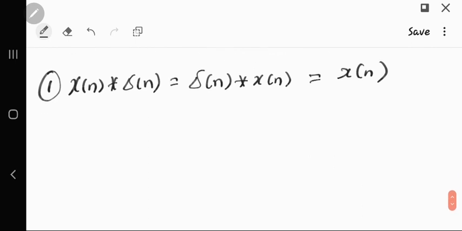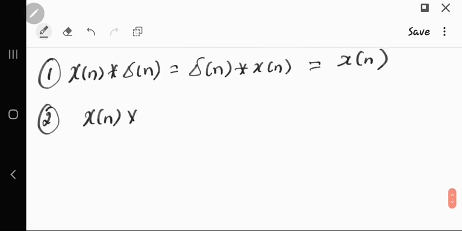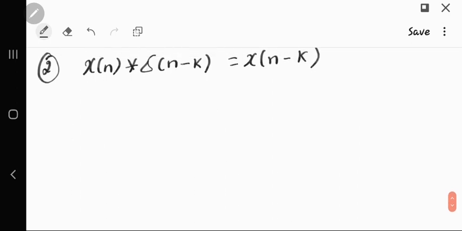The second one is when x of n is convolved with a time shifted version of the impulse, you will get x of n minus k itself.